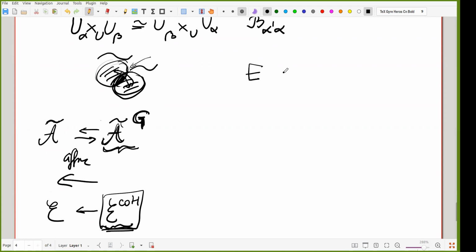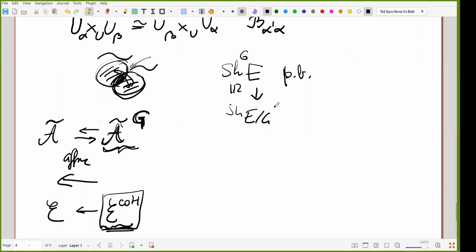is a principal bundle, and you have a quotient E cross G, then if you look at the category of sheaves over E, and you look at those which are G-equivariant sheaves, this is equivalent to the category of sheaves over the base.